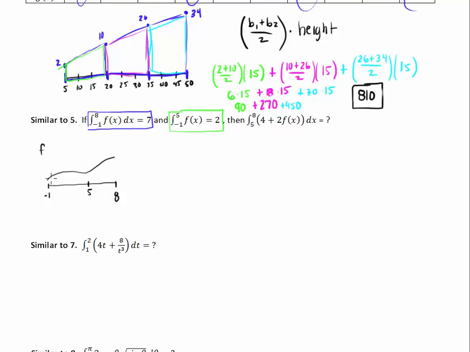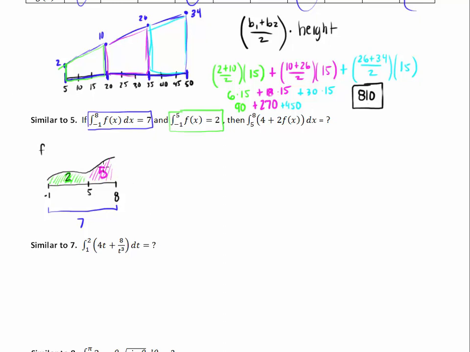So we have -1 to 5 is 2. And it's kind of hard to see that, isn't it? So let's do a little black line in there, is 2. And then we know the whole thing is 7, which means that from 5 to 8, if it has to equal 7, this part in here should be 5.